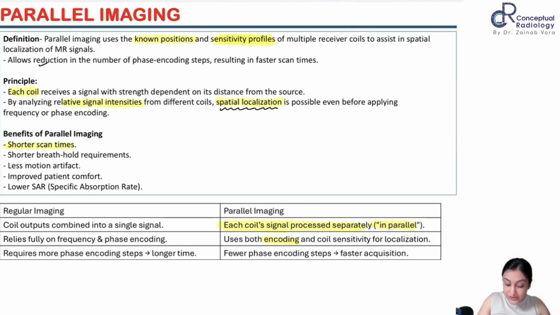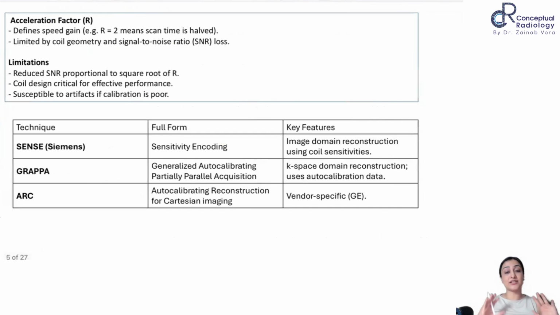It uses both encoding and coil sensitivity, whereas this is only phase encoding and frequency encoding. Yeah, so that's why this is faster. Okay, so basically the gross message here is that we are relying on the relative signal intensity of different coils, and that is why I get spatial localization, reduced reliance on phase encoding.